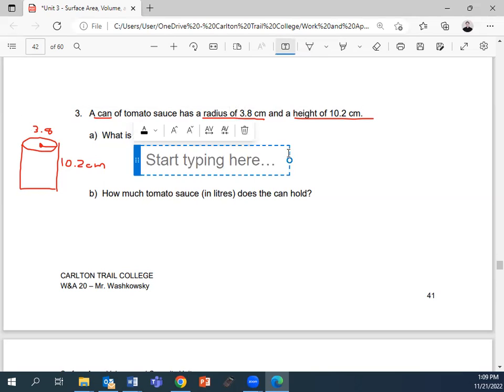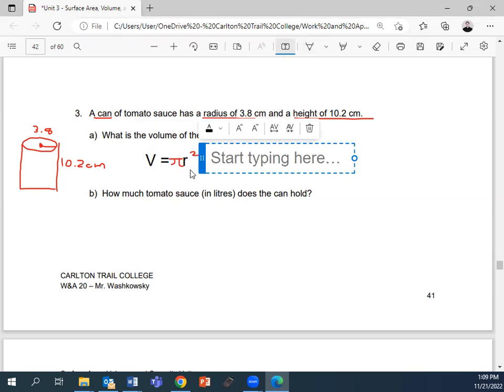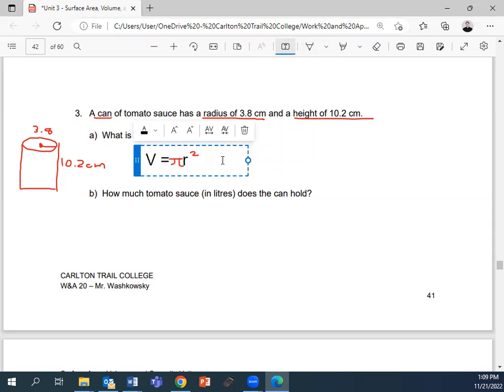Well, in this case, my formula to find the area of a circle, the base in this case, is pi times r squared. So V equals pi times the radius, which is 3.8 centimeters.